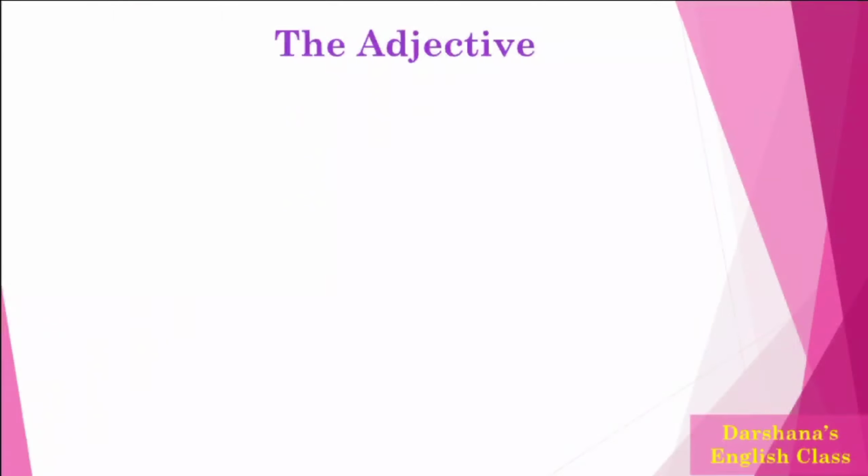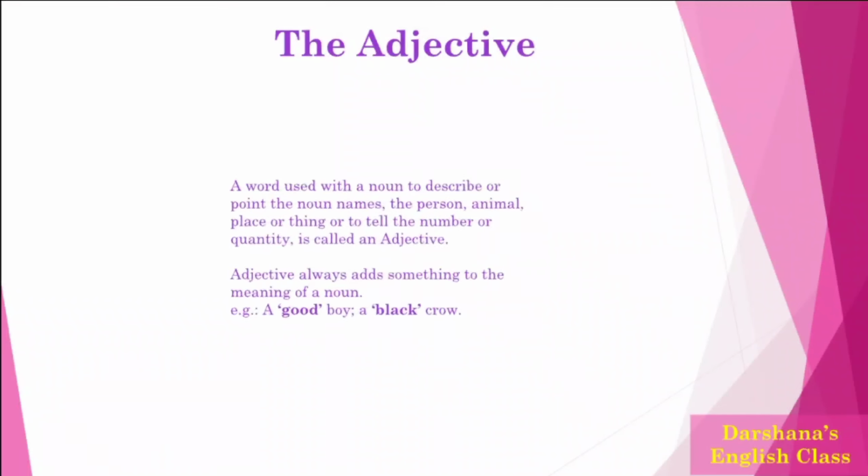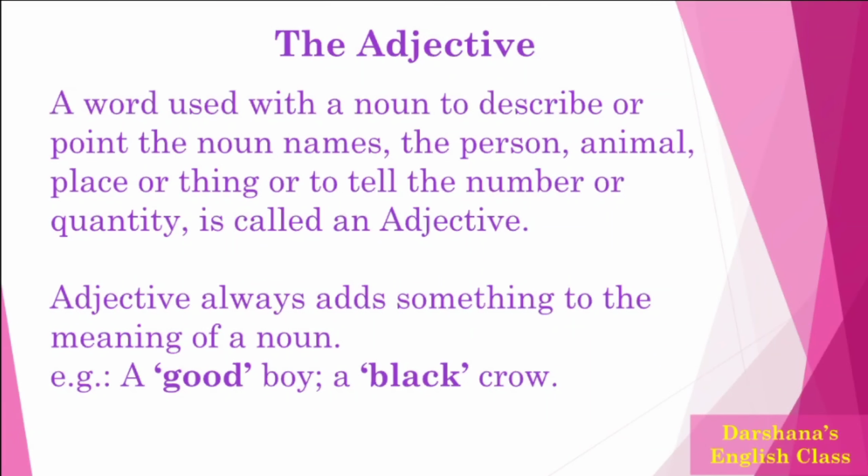So here we move on with the next very important part of speech, the adjective. Yes, adjective plays a very, very important role. A word used with a noun to describe or point out the noun, which names a person, animal, place or thing, or to tell the number or quantity, is called an adjective.